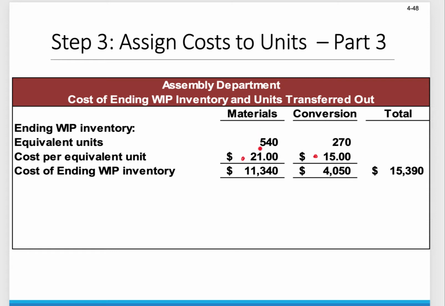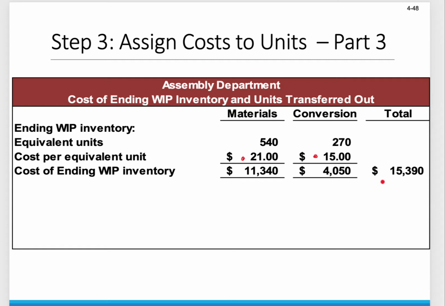With respect to material, 540 equivalent units at a cost per equivalent unit of $21 gives us $11,340. Same thing with conversion costs. Well, we have 270 equivalent units in ending WIP times the cost per equivalent unit, which is $15. We get $4,050.